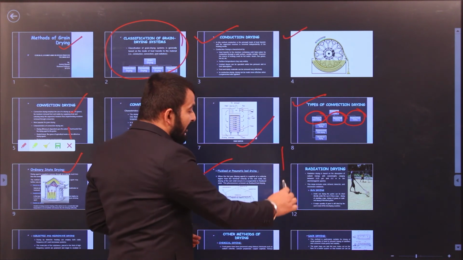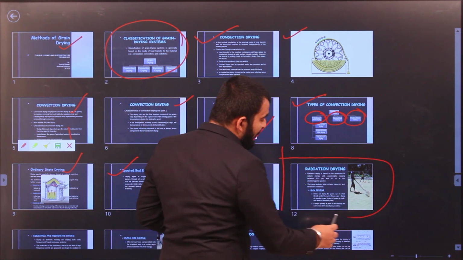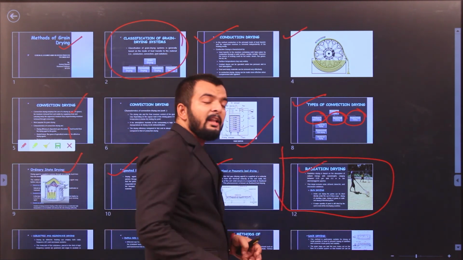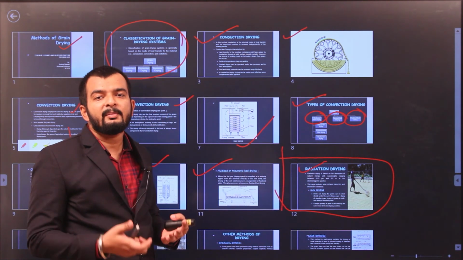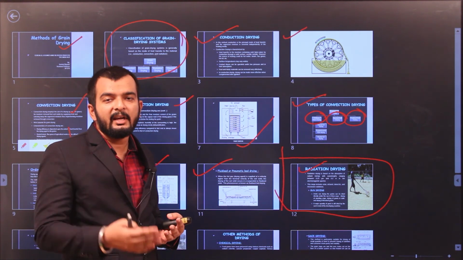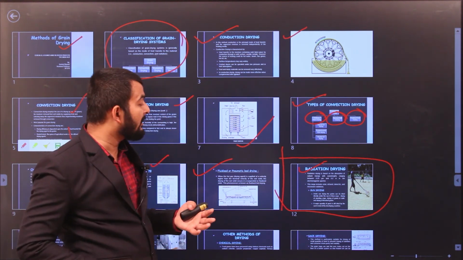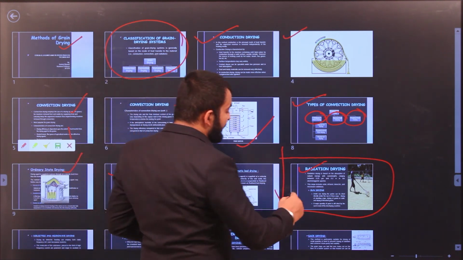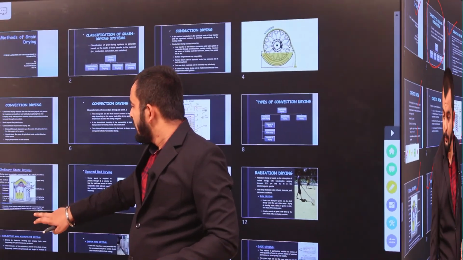After convection drying we studied radiation drying. In radiation drying, heating or drying takes place by employing electromagnetic radiation. Under this we studied sun drying.